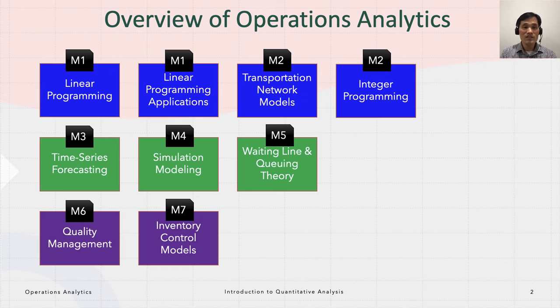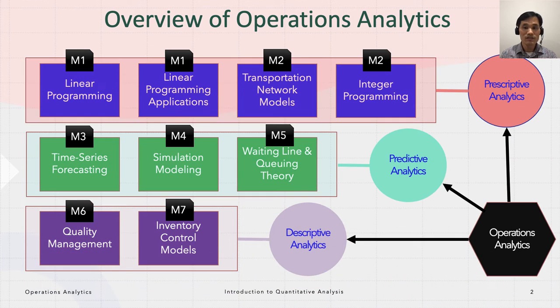Since this is the last module, let's look at the overview of operations analytics. By covering this topic, we will conclude descriptive analytics. Quality management and inventory control models come under descriptive analytics.